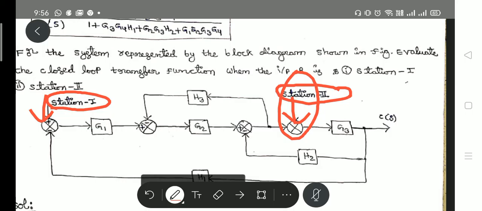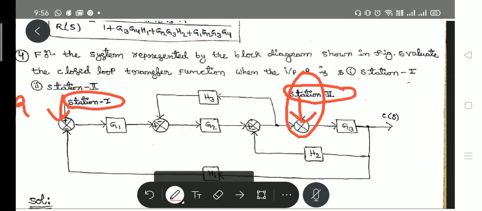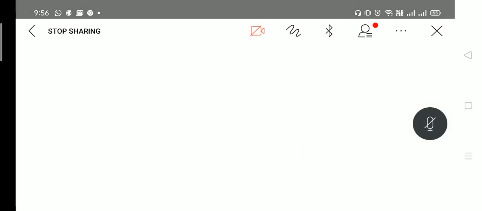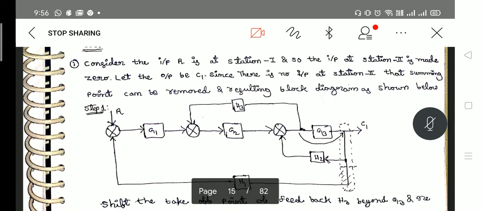Okay, after that I am taking station 1 input as R. After that I am drawing another diagram like this. Okay, here for station 1 we have taken R, and the output for the first station is C1.